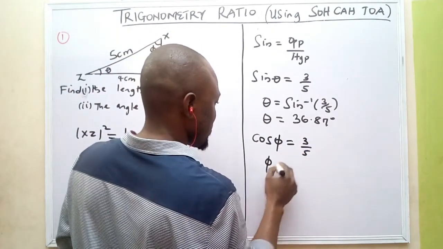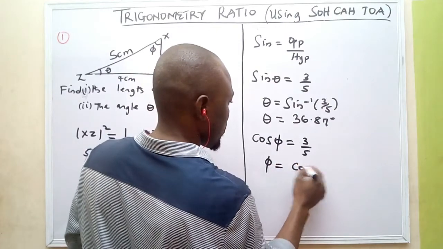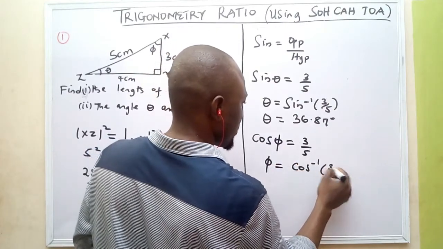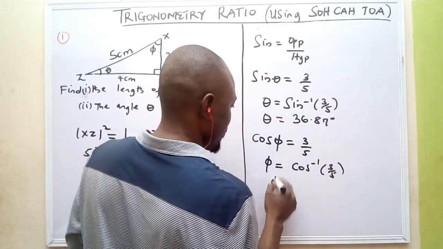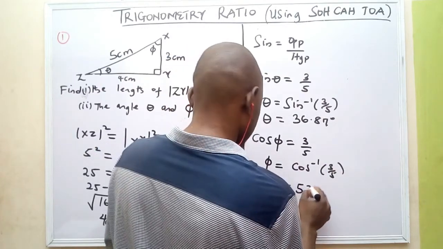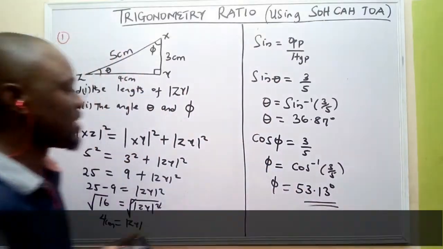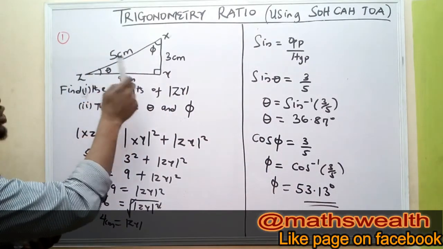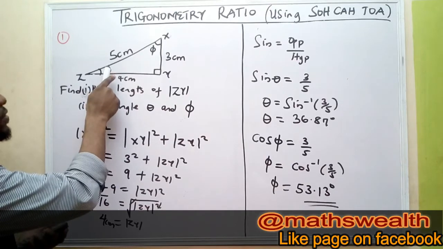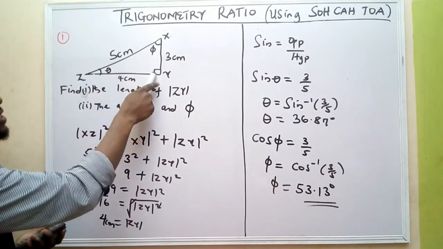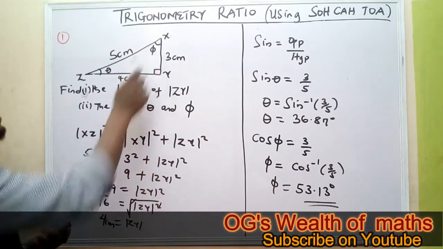So phi will be cos inverse of 3 over 5, so phi will be 53.13 degrees. Now, like I said, if you subtract the sum of this plus this from 180, you still get psi.